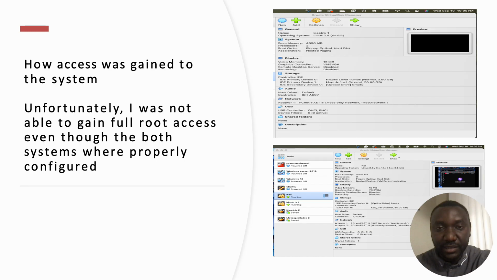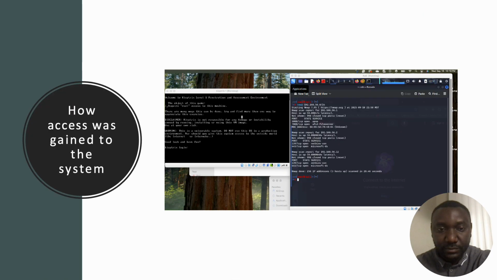my Kali Linux was not communicating with my Metasploitable. As you can see here, both systems were open and running, but I was not able to find the Metasploitable system on my Kali Linux.